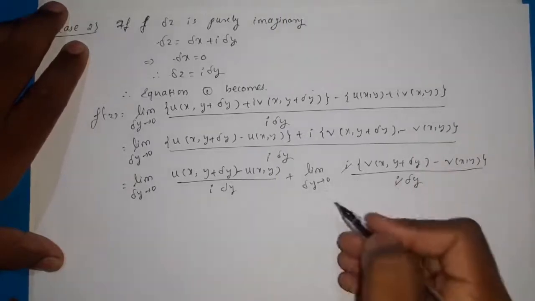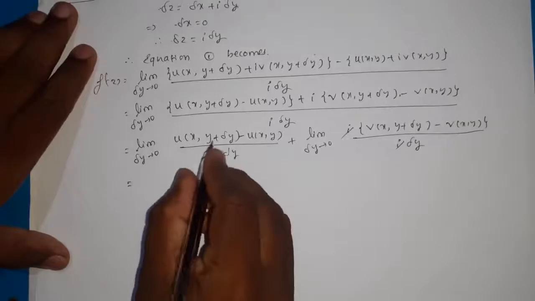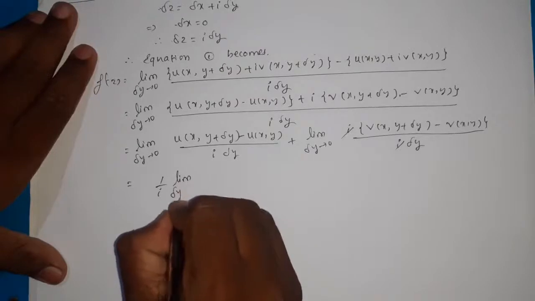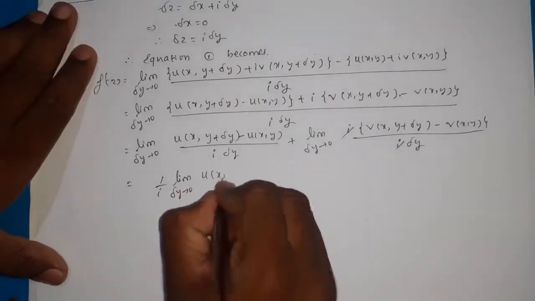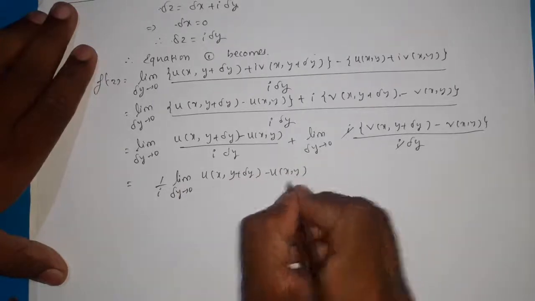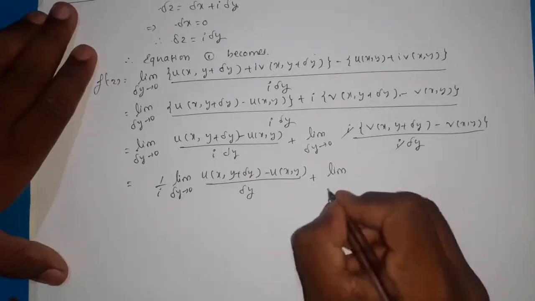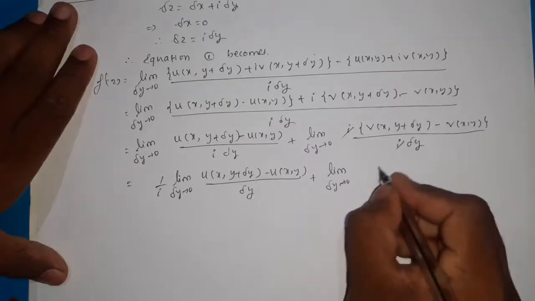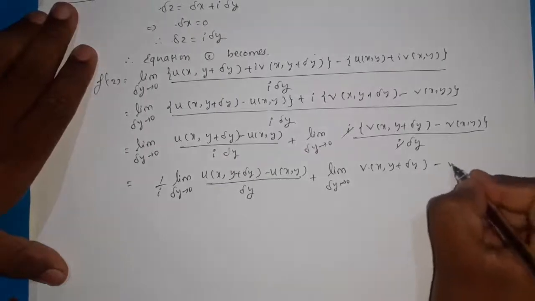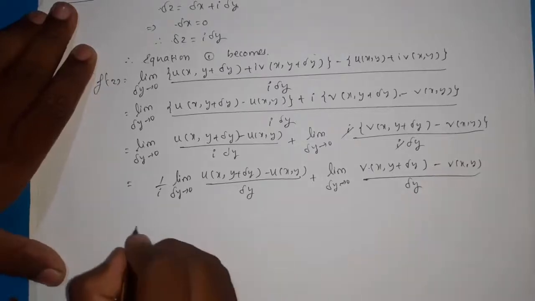So here i and i get cancelled. It is equal to, here 1 by i is a constant, taking it outside, limit delta y tends to 0 of u of x comma y plus delta y minus u of x comma y divided by delta y, plus limit delta y tends to 0 of v of x comma y plus delta y minus v of x comma y divided by delta y.